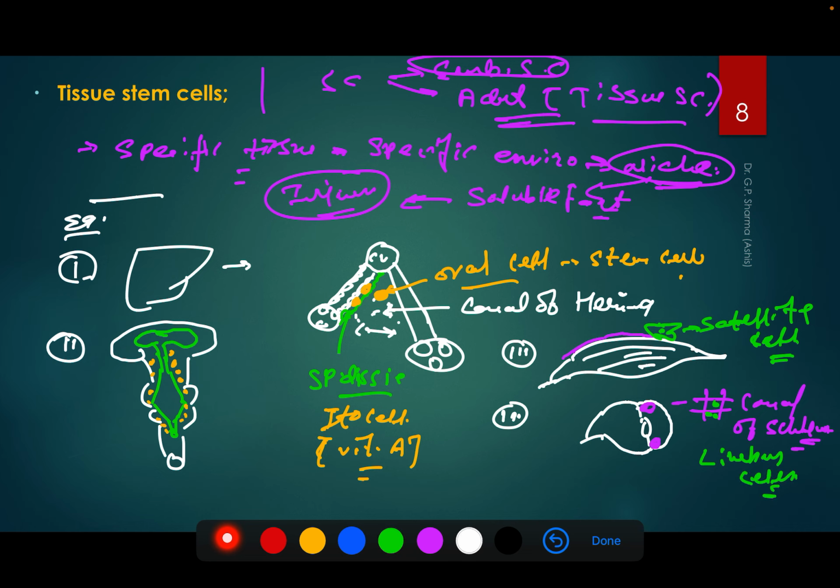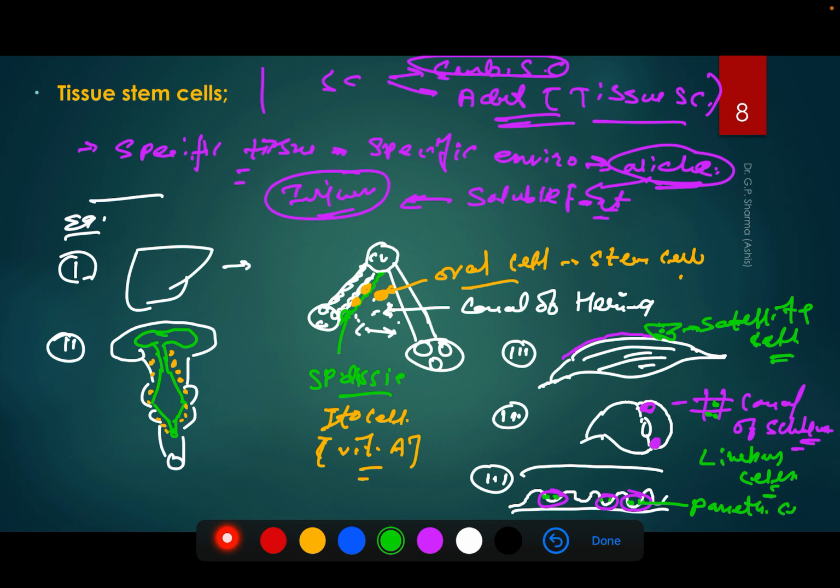Similarly, within the intestine, if you remember the histology of the intestine, right? I'll just draw the histology of the intestine. The intestinal mucosa forms a folding like this. This folding is called what? The crypts of Lieberkuhn, right? So within the crypts of Lieberkuhn, at the base of the crypts, it contains the Paneth cells, if you remember, right?